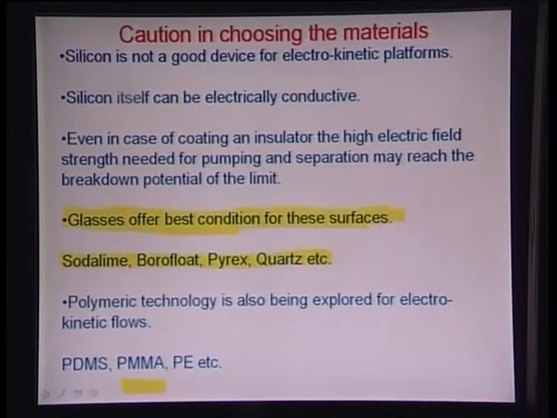Silicon essentially is a semiconductor, with a very different band gap structure than what insulators offer. Quartz is a very clean form of glassy material. It has a very clean absorption spectrum, one of the purest forms of glass available, and it is very good for optical detection as well.